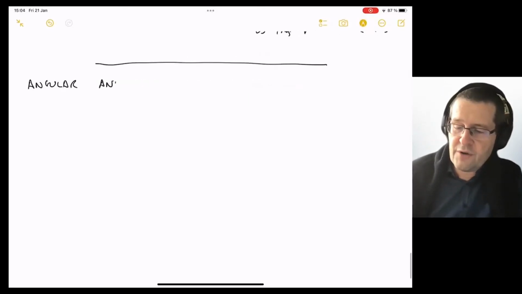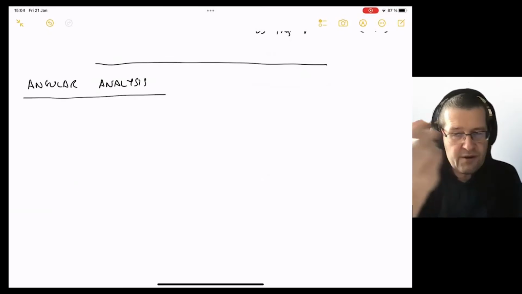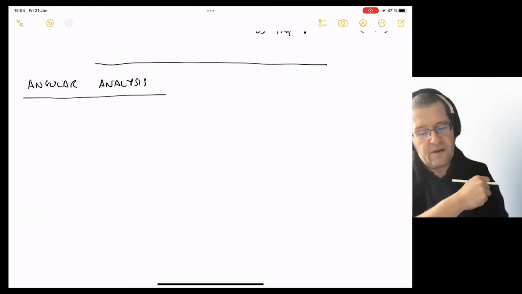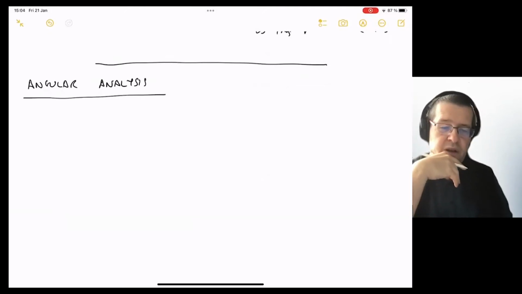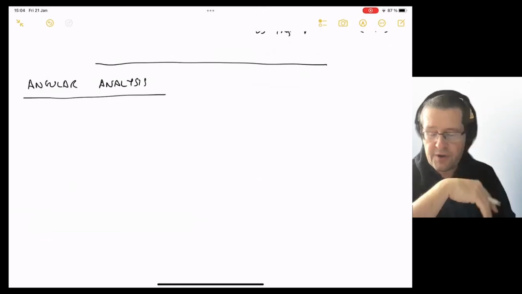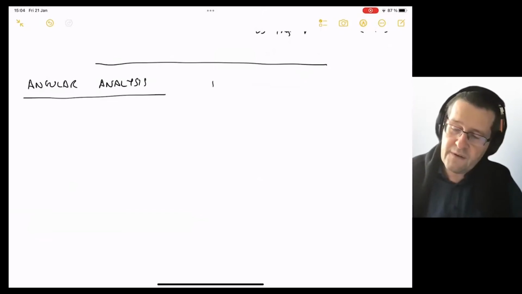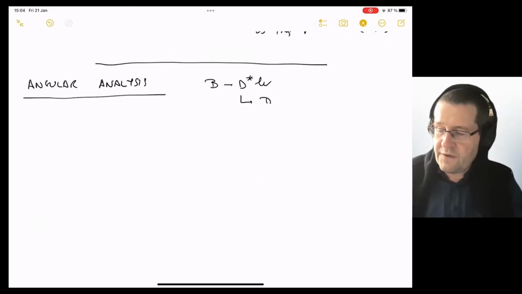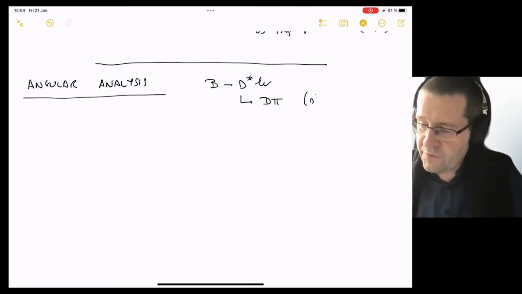I'm not going to do the full angular analysis of B2D or B2D star, but it's just to give you a hint of how this kind of computation is carried out, really going up to the determination of the geometrical description of the full decay. So for instance, if I'm looking at B2D star and nu, the D star is actually going to decay into a D pi through strong interaction.